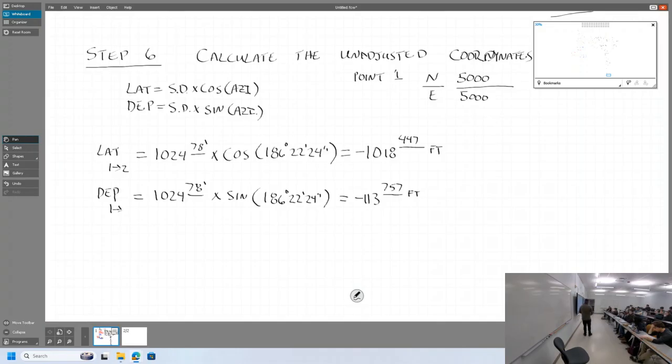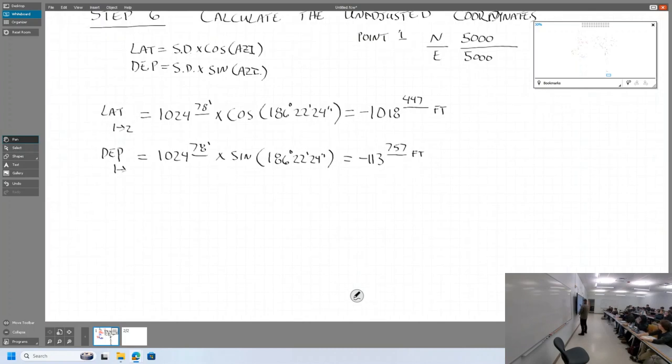So then how are we going to write our northing for point 2? The northing of 2 is going to be 3,981.553.